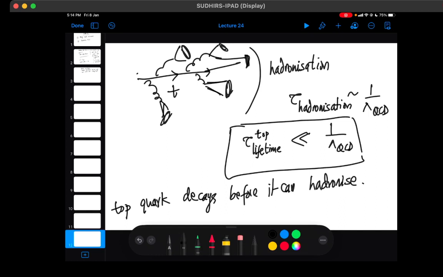Assuming it decays by weak interactions, the heavier the particle, the faster it decays.